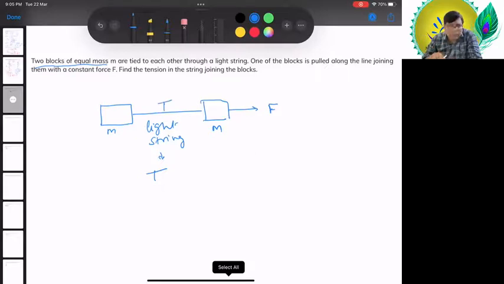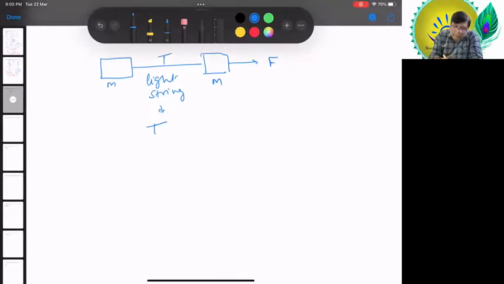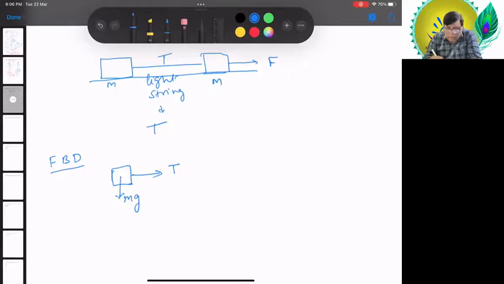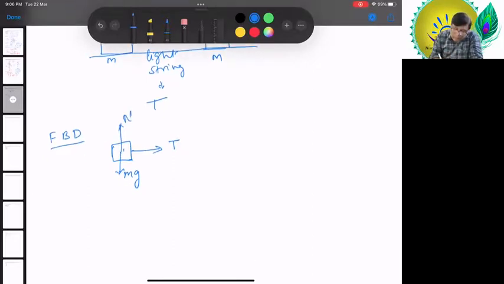So let us draw the free body diagram of both the objects separately. For this, we have just one external force T, and we can also consider that it is kept on some surface, so that the weight is taken care of by the normal force. So what will be the FBD at this point?